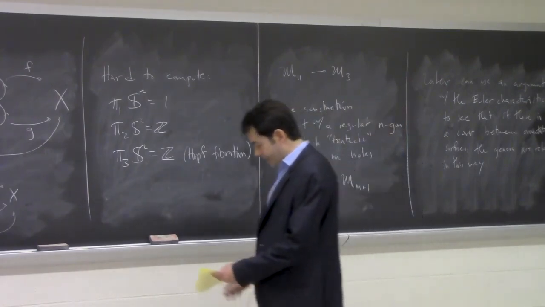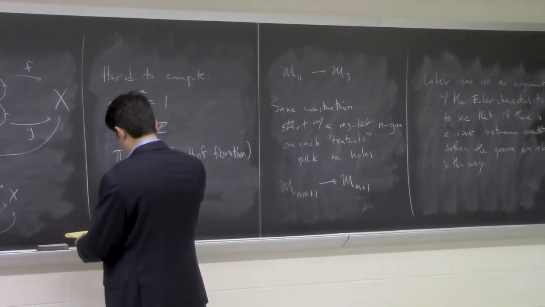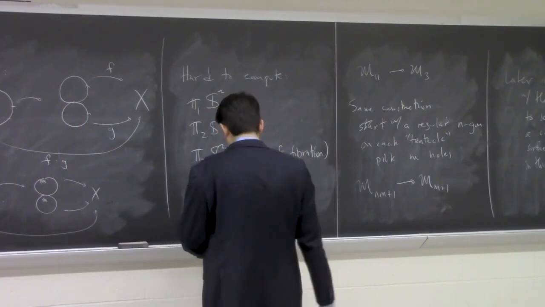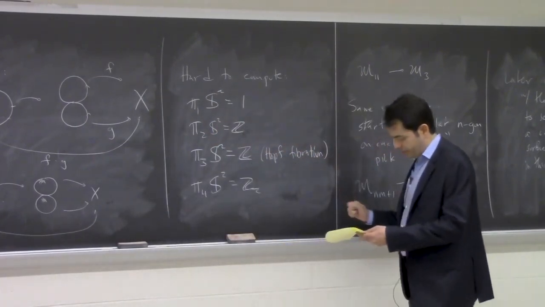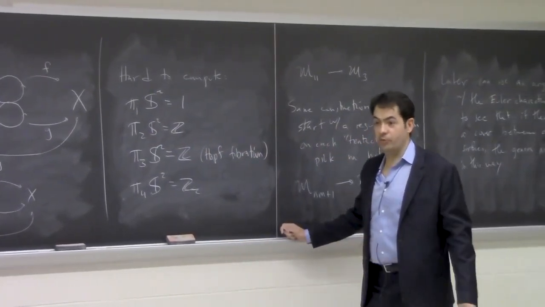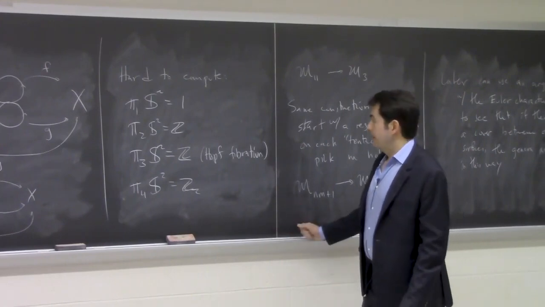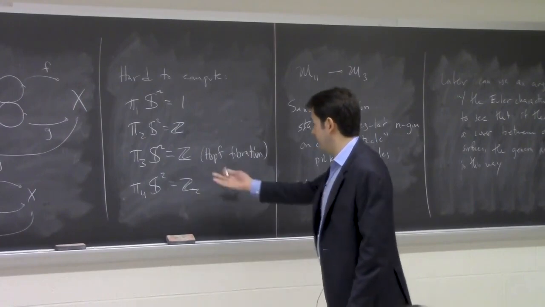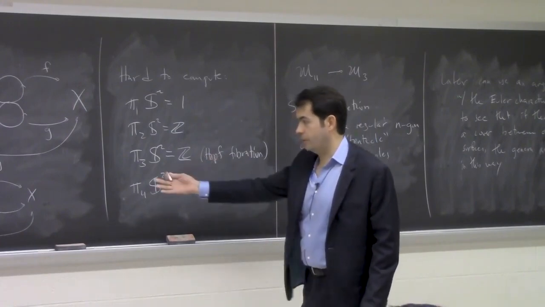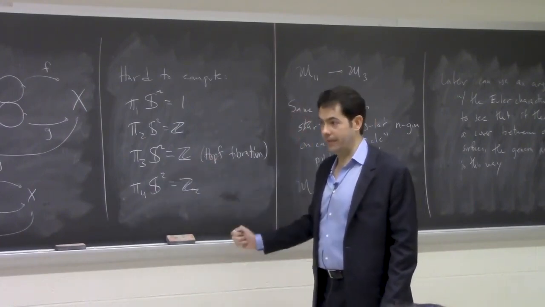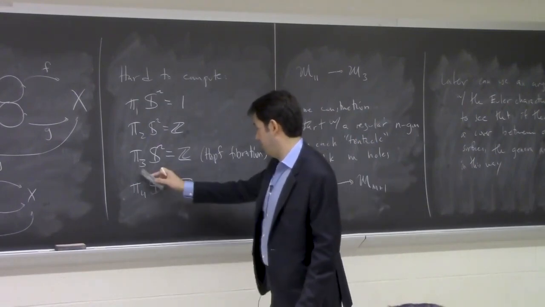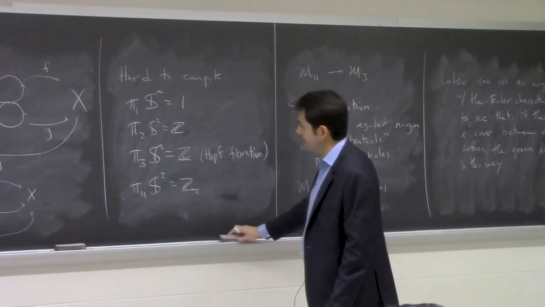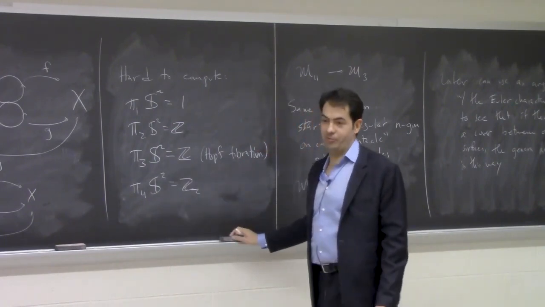And then, for example, pi4 is C2, pi5 is C2, pi6 is C mod 12. So they're hard to compute and they're hard to understand. They're not counting what we would hope they would count. Another way of thinking about it is, well, there's this three-dimensional hole that I did not know was there. That's not what I was looking for.